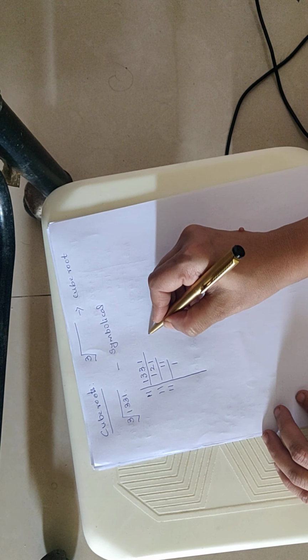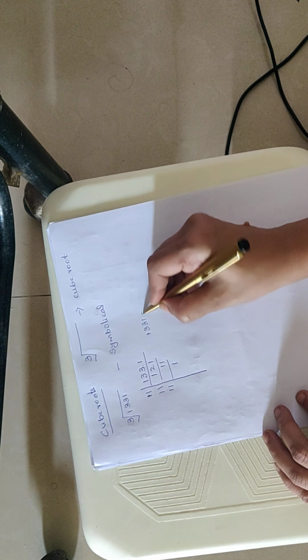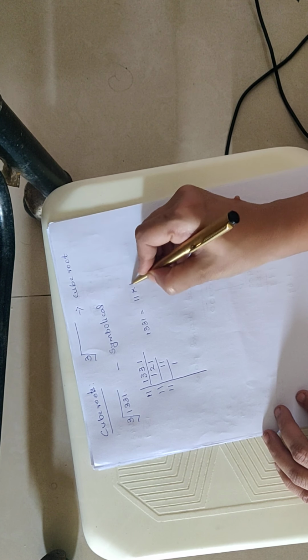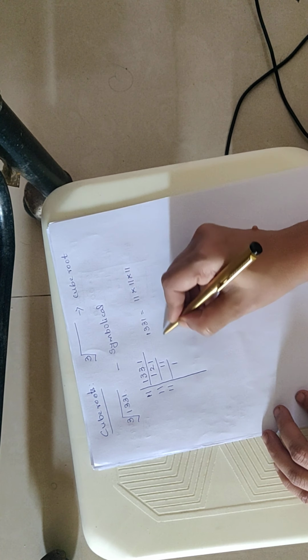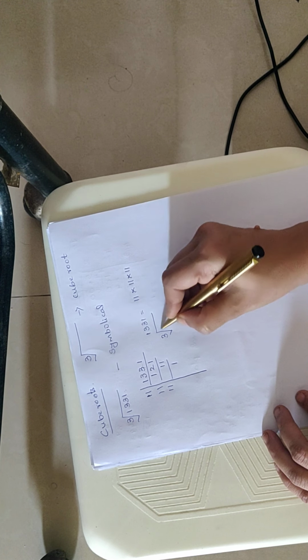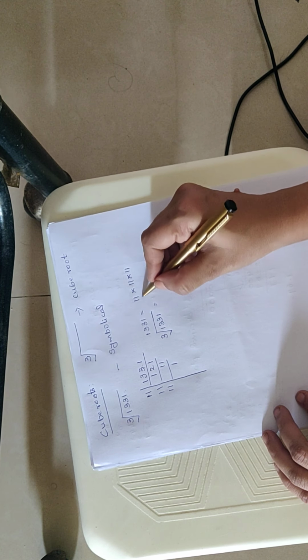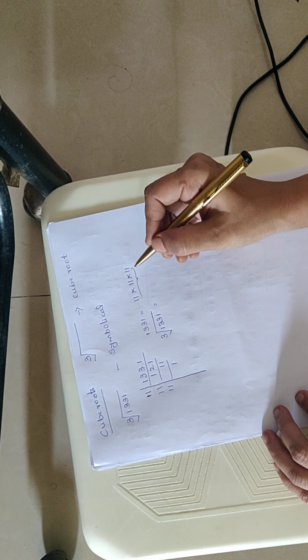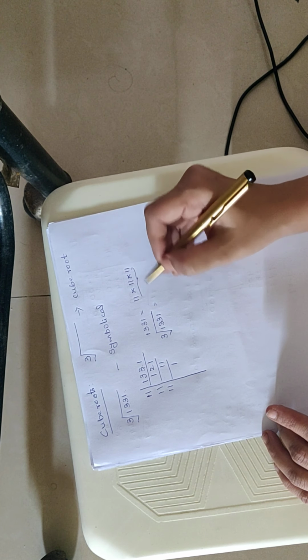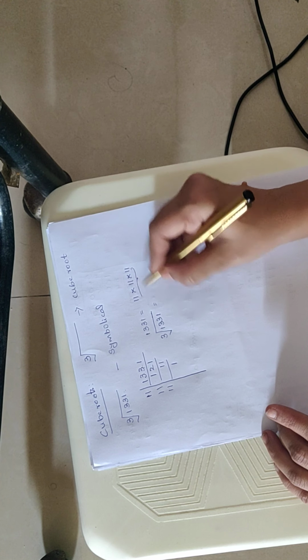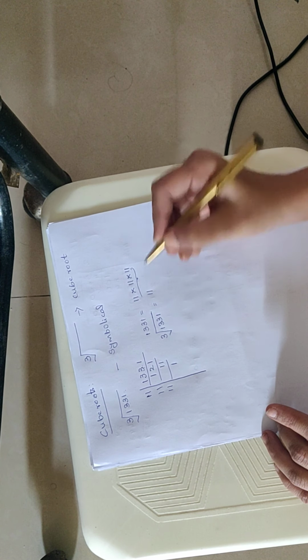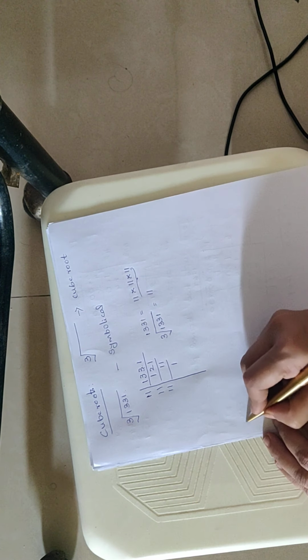So 1331 can be expressed as 11 into 11 into 11. When we were finding square roots, we were pairing. When we are finding cube root, we will make triplets. So the cube root of 1331 is 11.